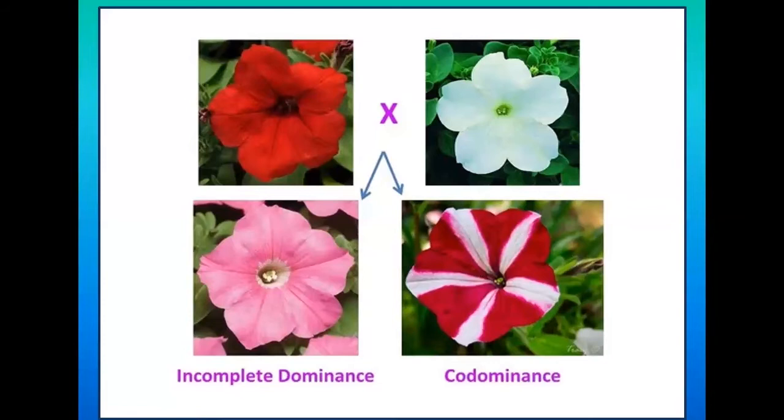Again, incomplete dominance we can tag as blending of traits, which produced a third phenotype. But for codominance, we can say that it is more of expressing equal parental alleles. There is no new phenotype produced for the offspring.